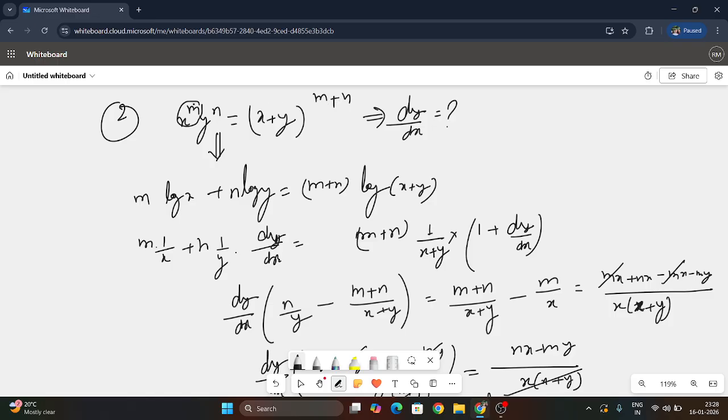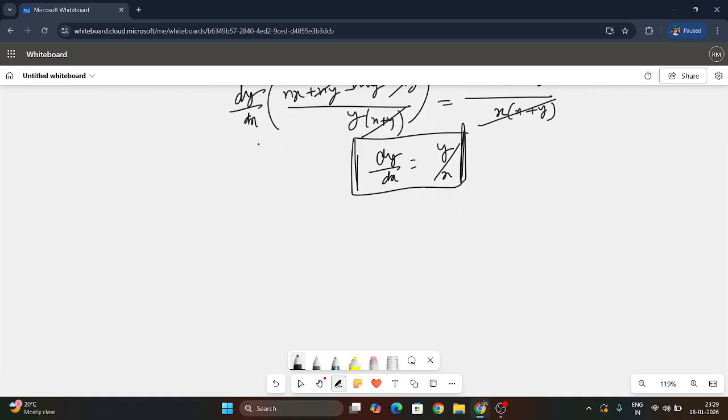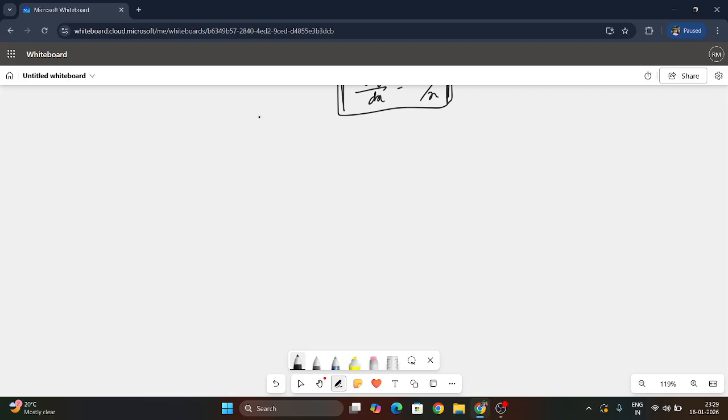So in the similar way, they can change the value of m and n according to their choice, and at the end the answer is coming y by x, not in terms of m and n. Okay, so this is completely independent of m and n. Keep in mind m and m plus n. Okay, so this is an important question, and if you keep this result in your mind, that's really very helpful for you. Okay, let's take some other thing.